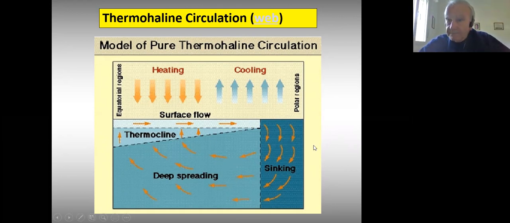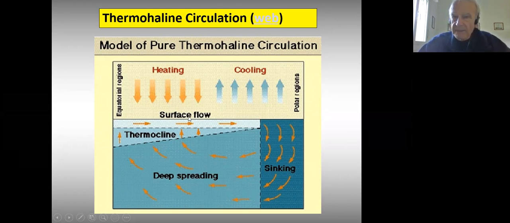So in the polar areas, simply due to the differential heating of the water, you have the vertical sinking of the surface water. This water then spreads in deeper layers southward, and due to continuity, because no water can be lost, there is a return flow of water from the south toward the polar areas.